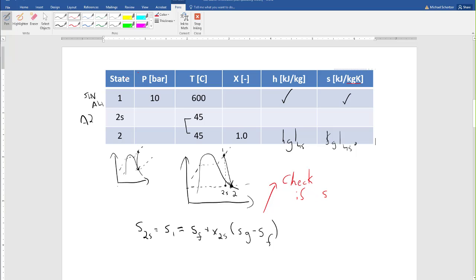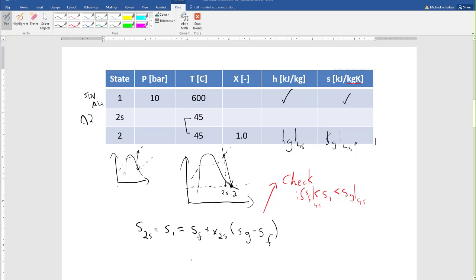Is S1 in between? So is it lower than SG at 45 degrees and higher than SF at 45 degrees? I believe that it will be, and it'll be pretty close to SG.